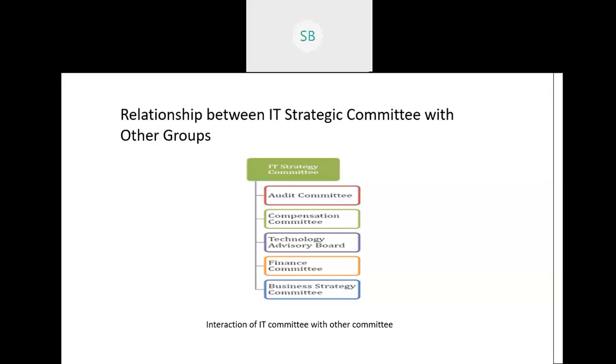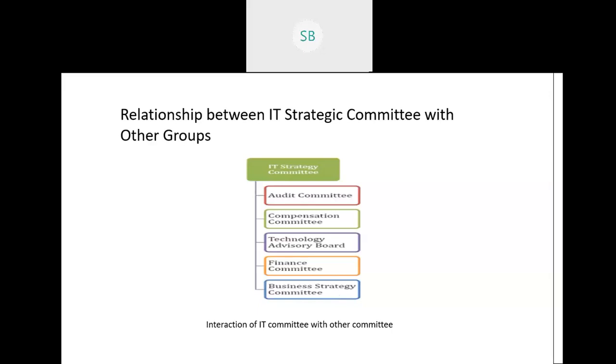To get an idea of the enterprise technology, they move through this business strategy committee. Yesterday we also discussed long term and short term goals. Every organization has some long term and short term goals. Now who decides them? The business strategy committee.